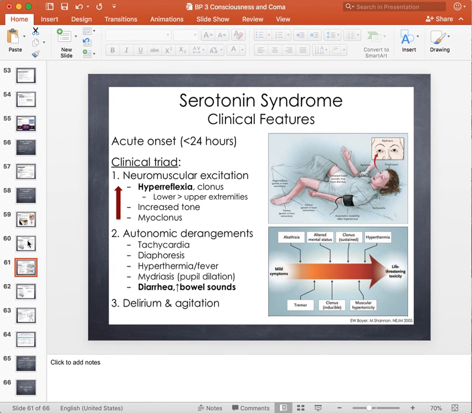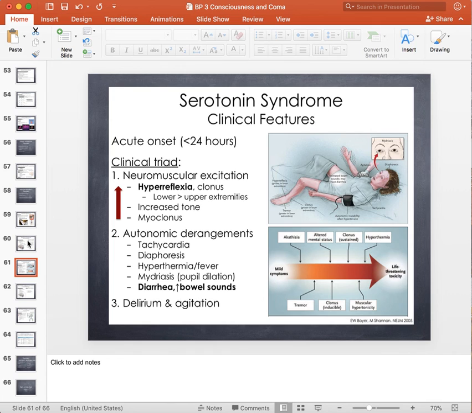Okay. So when to think about serotonin syndrome: it can come on pretty acutely. This is something that causes confusion, and everything here kind of gets revved up. There's neuromuscular excitation, which manifests as hyperreflexia that for some reason seems to affect the lower extremities more than the uppers. There's increased tone.